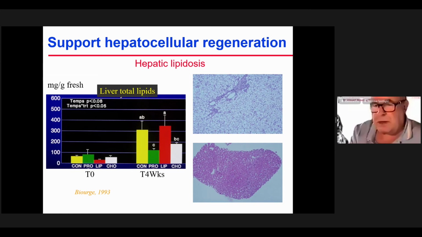So if you provide some glucose, the body does not have to use that protein to make glucose. You can say also that if you feed a cat a diet that is high in protein, high in fat, and low in carbohydrate, you can see that within a few weeks, the liver regenerates completely. All that fat left the cells of the liver.